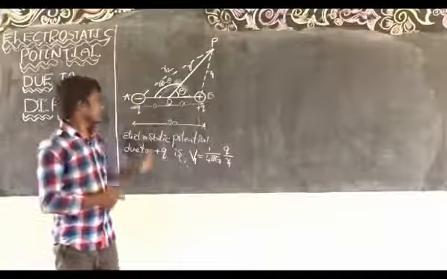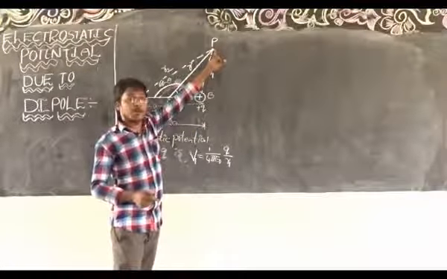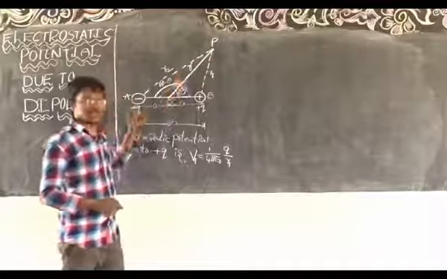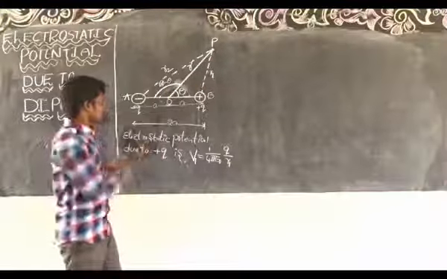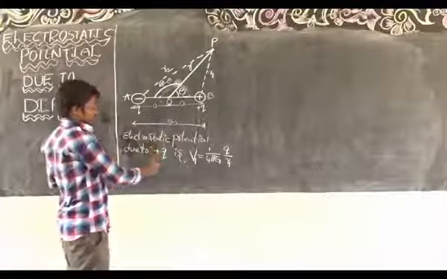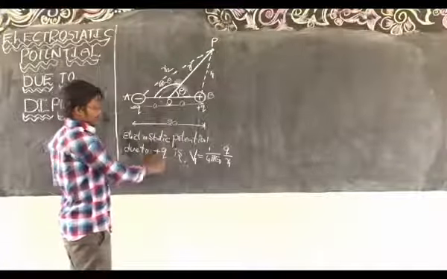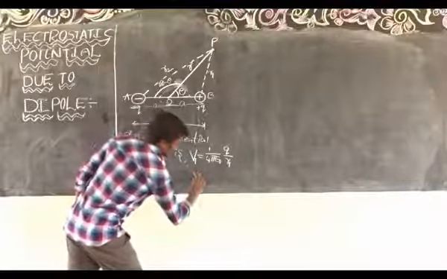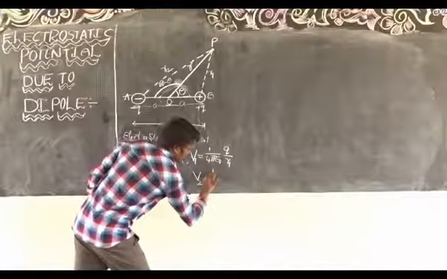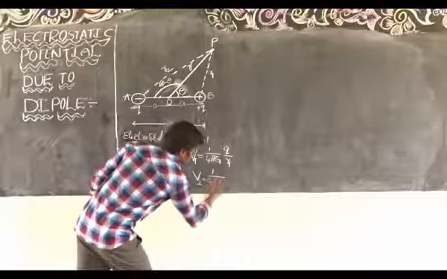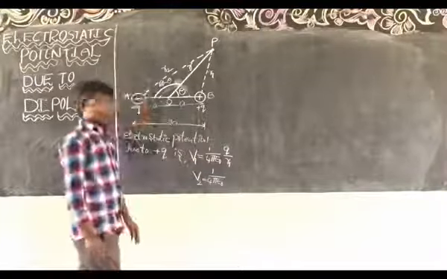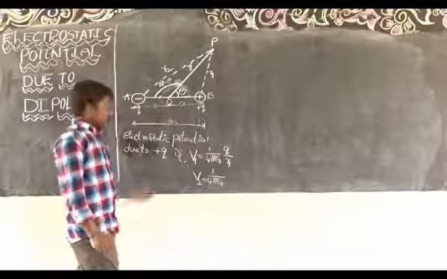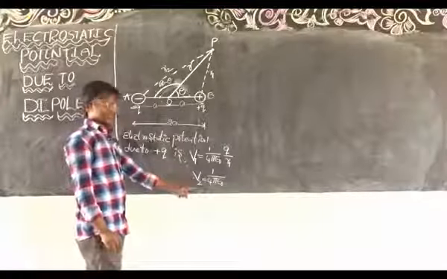Next, the electrostatic potential at point P due to the negative charge. Electrostatic potential due to minus Q, the minus charge, I am indicating as V2 is equal to 1 by 4 pi epsilon naught into... I am not writing the steps, directly I am writing the electrostatic potential.